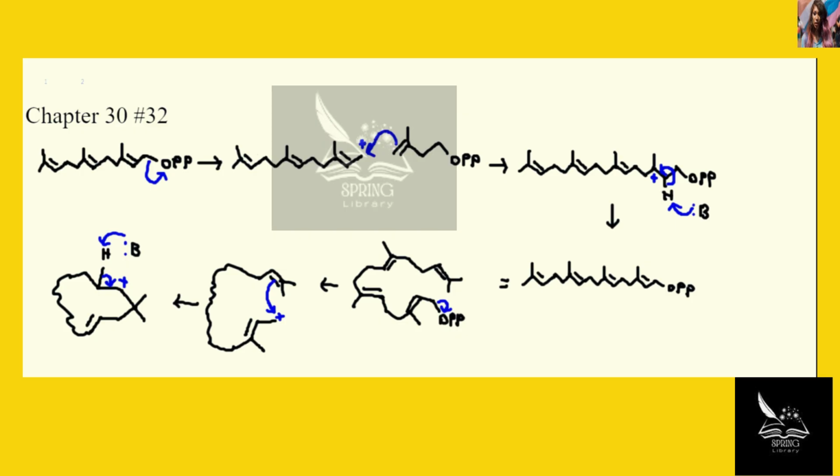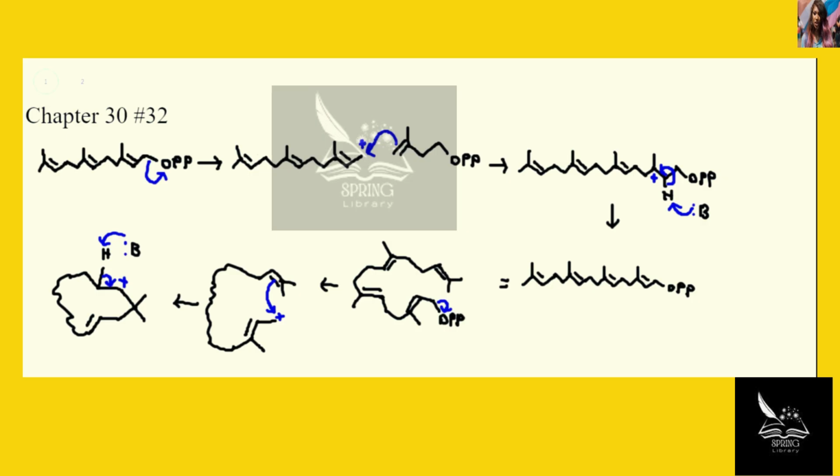And so that's what's unusual, is that we would expect this to form as a tertiary carbocation, or at least to rearrange to a tertiary carbocation, but that's not what we see. And of course, the result, as I said, is this molecule, Flexibilene. And so that's the answer to chapter 30, problem number 32.